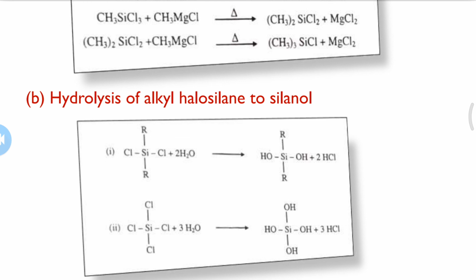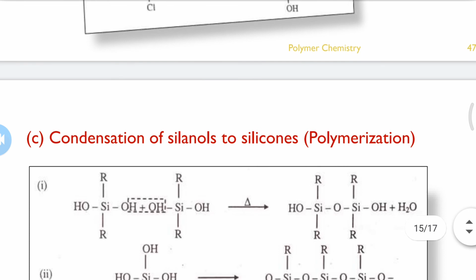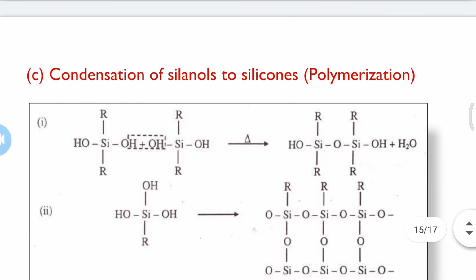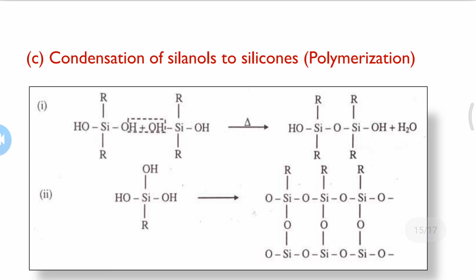Silanol is a dihydroxy dialkylsilane, and this is used in the third step, condensation of silanol to silicon, or silicon polymerization. These silanols, dialkyl dihydroxy, condense at a high temperature to form silicone polymers.